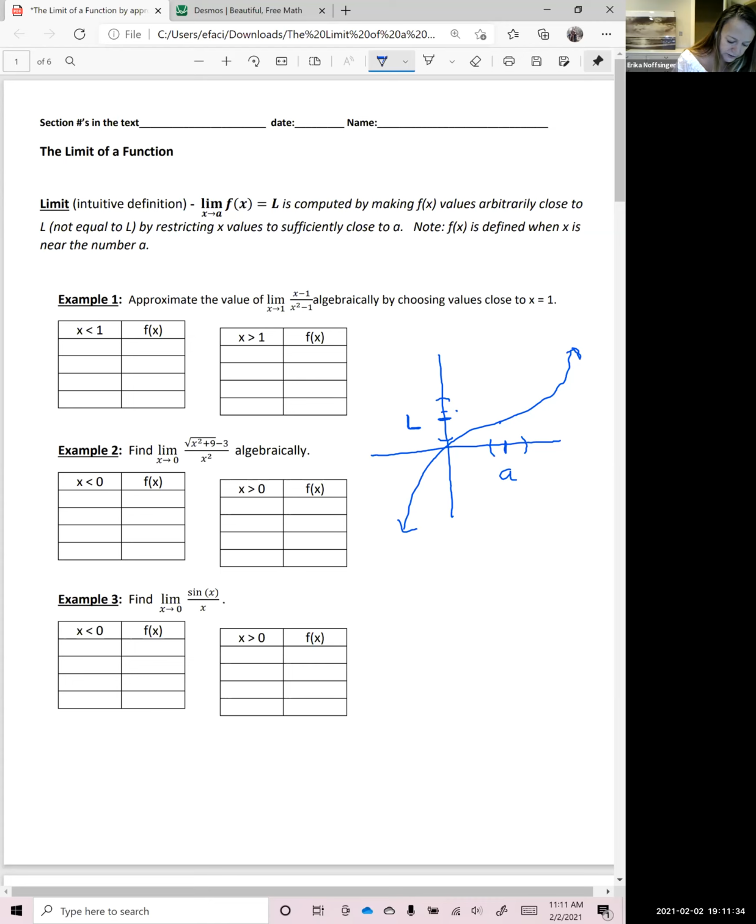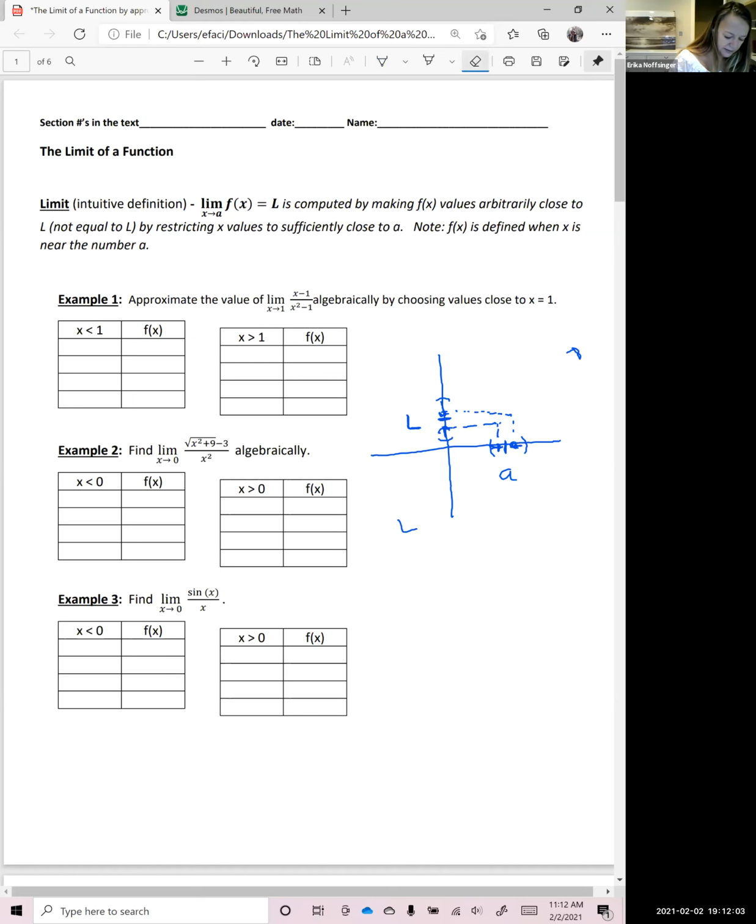So like right here, I hit the graph here, this is my a value. So I'm getting close to a. If I hit the y value here, if I look at my graph, that's hitting a value close to a. So as I'm getting closer and closer to a, is my y value getting closer and closer to L? Okay, so again, that's the graphical approach of what's happening.